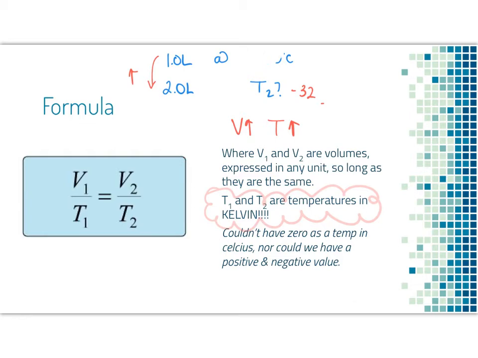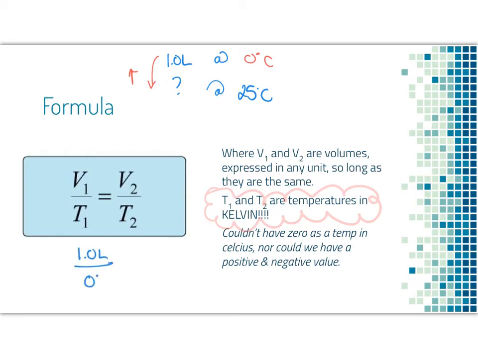So let's say we had 1 liter at 0 degrees Celsius. And then we're going to raise the temperature to 25 degrees Celsius, and we're going to solve for V2 here. So 1 liter over our T1, which was 0 degrees Celsius, is equal to V2 over our 25 degrees Celsius.